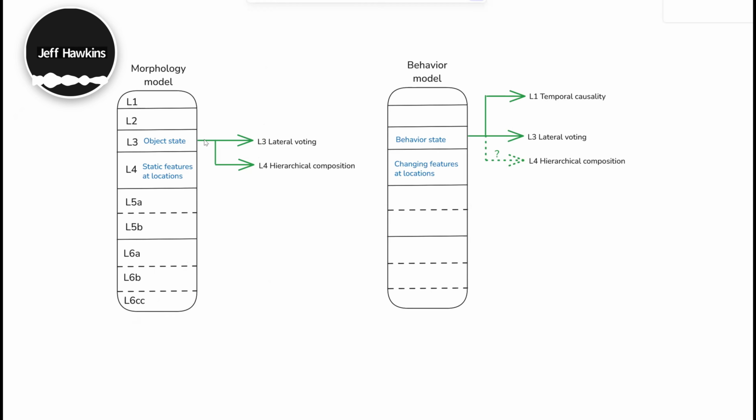And we've talked about two different projections from it, from layer 3. One is lateral to other columns that are observing the same object. So if another column is trying to infer the same object, then they can vote on the object state. That's our voting thing. But the exact same neurons can project to another, hierarchical region that's observing a different object. So if this object here is the logo and the upper object is the cup, then it can associate the logo with the cup.